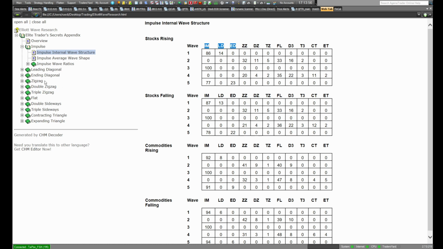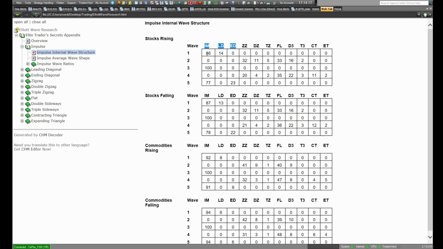ZZ is a zigzag, DZ is a double zigzag, and so on. You can compare by yourself if you want. You might stop the video sometimes and see some parts again if it's too fast, but I'm quite sure you will get into it. So the strong moves are the first three. The counter moves are the last ones here.